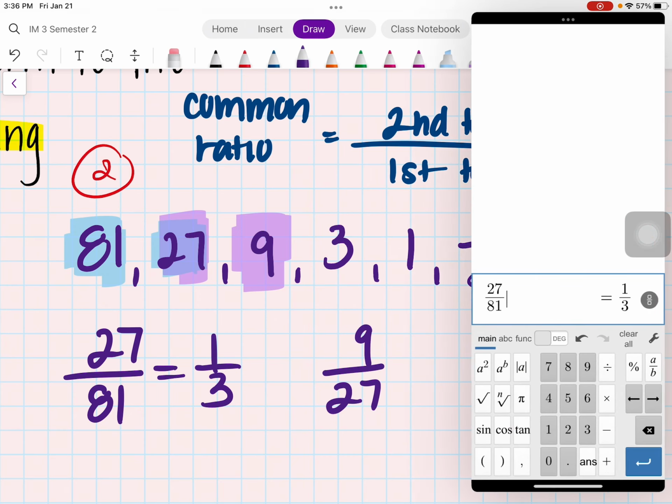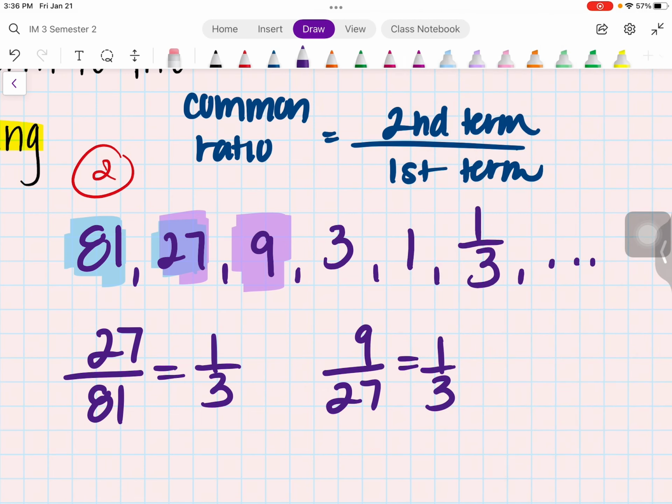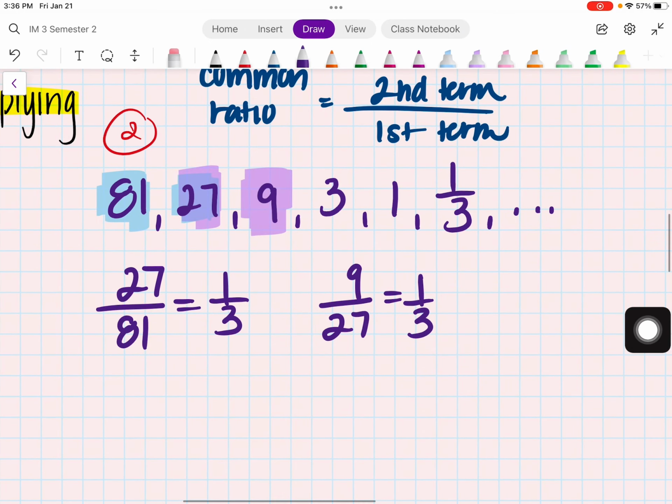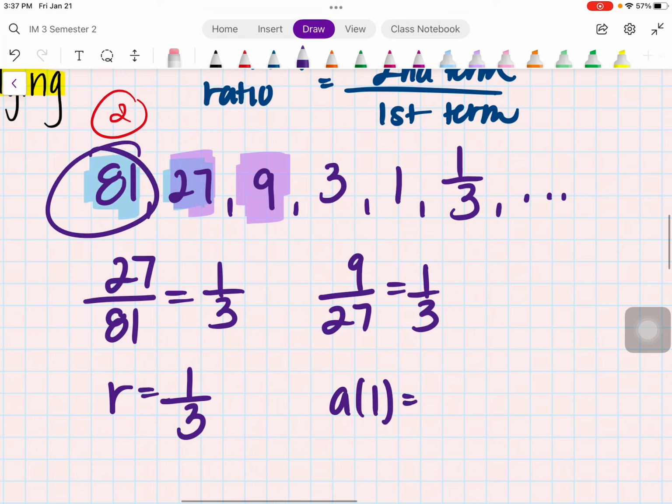Let's say I do 9 and 27. If I do 9 divided by 27, and input that in the calculator, that is still going to give us 1/3. So once again, it doesn't matter which terms in the sequence you use, as long as they're consecutive, meaning next to each other, and you divide the second term by the first one. Okay? So the common ratio in this case, guys, r is going to be 1/3.